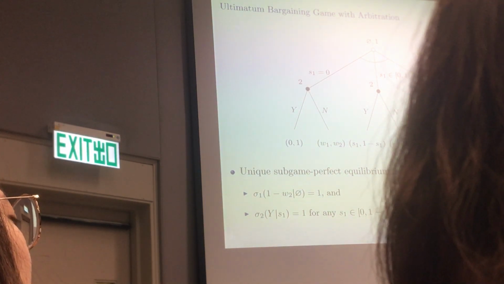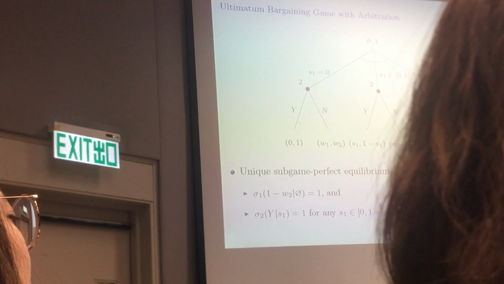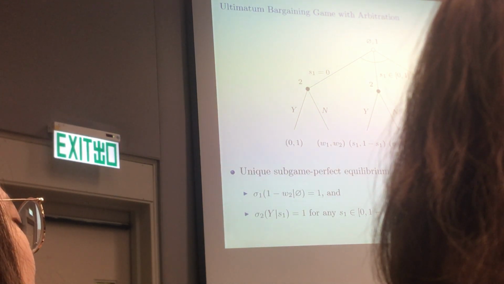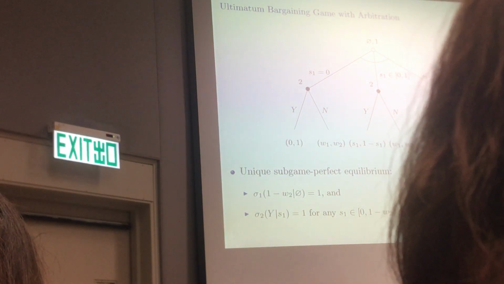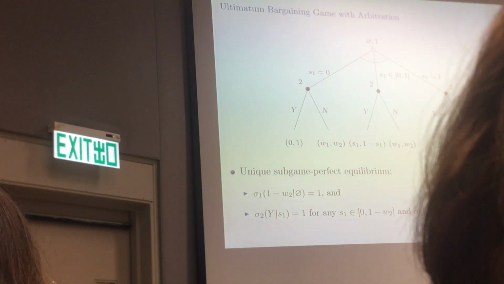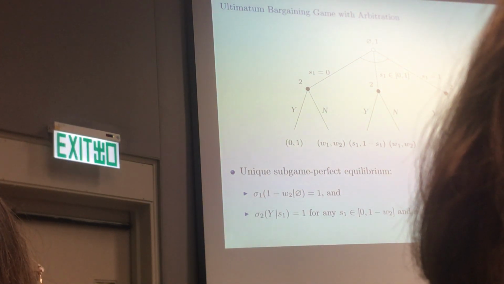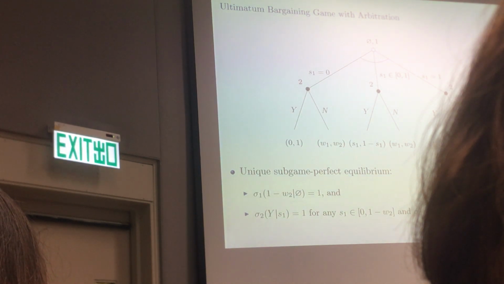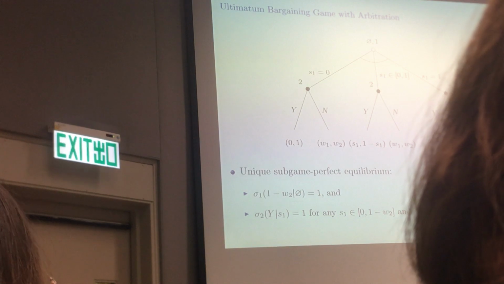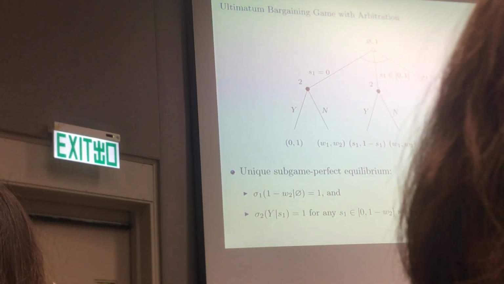So let's see the case that S1 is less than this threshold, 1 minus W2. That refers to the first case here. In the first case, we are discussing the situation such that S1 is strictly less than 1 minus W2.